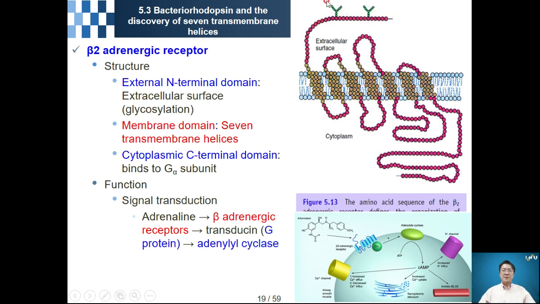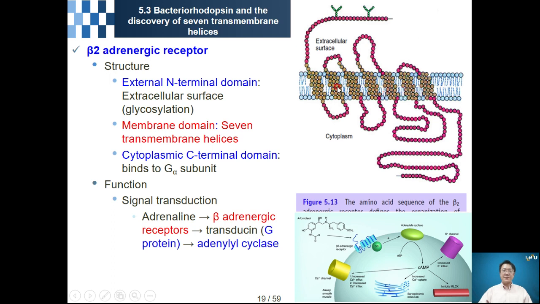The external N-terminal domain is in the extracellular space. Usually glycosylation happens in the extracellular space, especially on serine, threonine, and asparagine. After that, this is the transmembrane domain, which has 7 transmembrane helices.